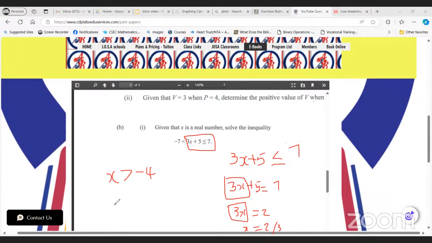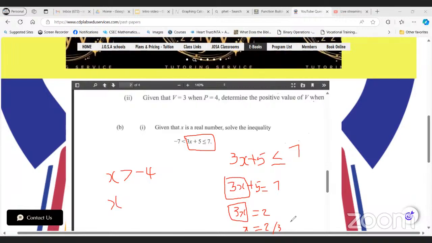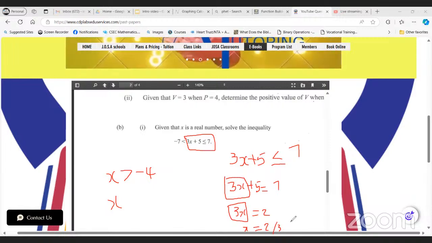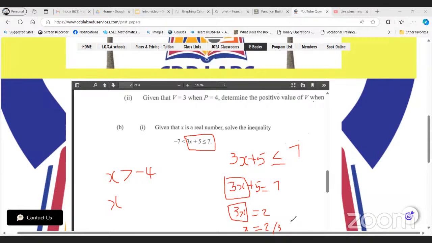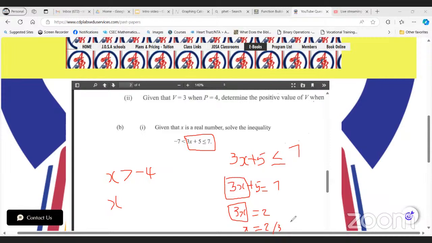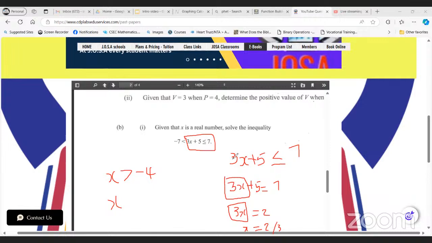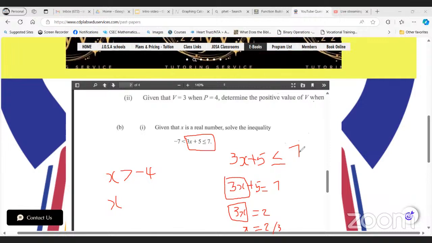So therefore, x now, if you want to know, you could plug in a greater value than 2/3 to see if x should be greater than 2/3. We know it's equal to it, but should it be greater than it? Let's see. If I plug in the value 1, it becomes 4 plus 5, which should not be less than 7.